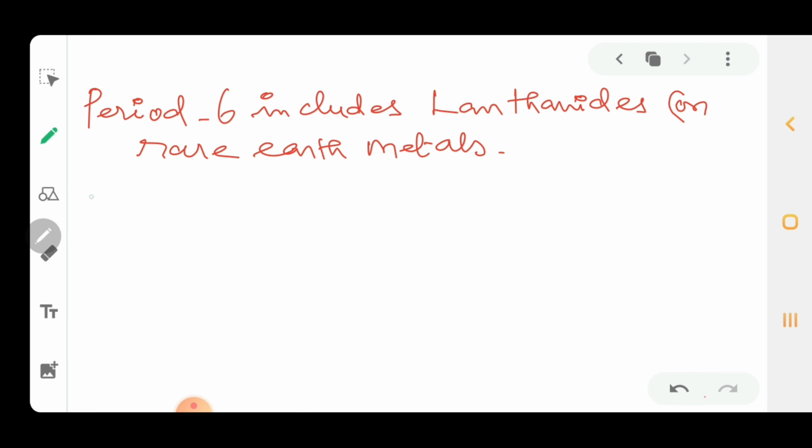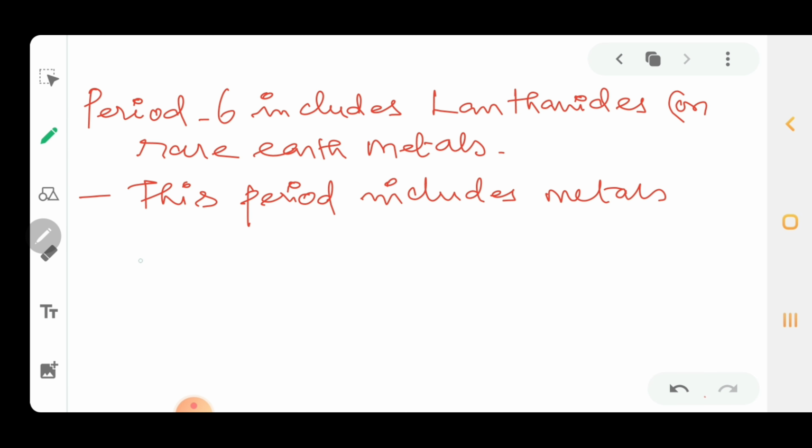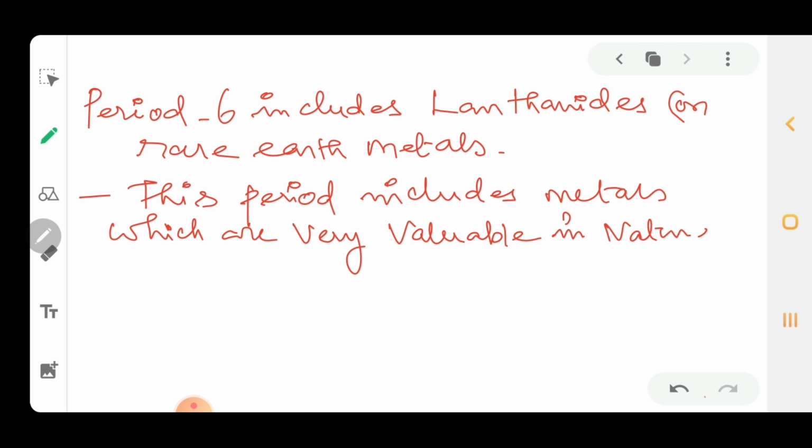And if you see, this period includes metals which are very valuable in nature. One such example I can give is nothing but our gold. Okay, now we will see what are the elements which are included in period 6.